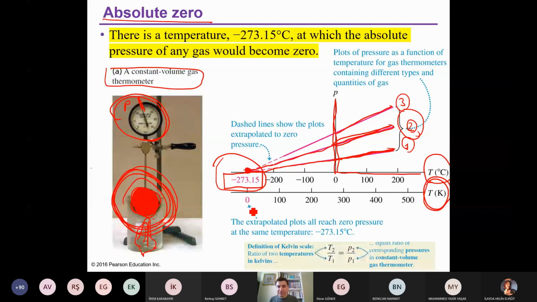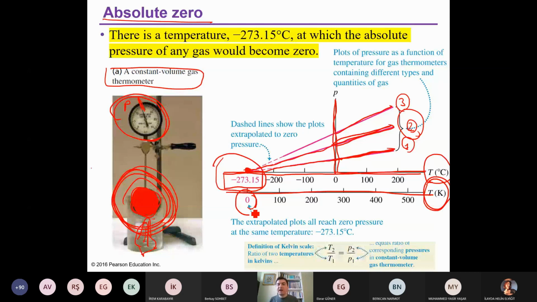Here we have two scales. This is the centigrade or Celsius scale, and here we have Kelvin scale, and we have gas pressure within this container, within this constant volume, as a function of temperature. And at 0 Kelvin, we have zero gas pressure within this constant volume.